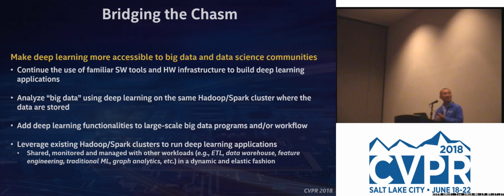For instance, in a lot of cases, when you have high priority workload, this resource management system may go on and kill or preempt those low priority workloads. In a lot of cases, those offline ETL, maybe your deep learning training tasks, can be killed to make room for the high priority tasks. So all those resource management and monitoring are critical for people to actually productionize their deep learning applications.